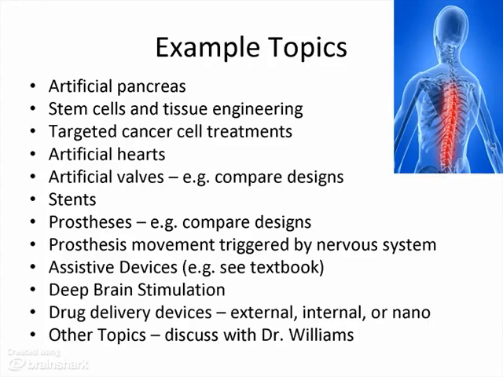And you can see here a list of other topics. We'll be talking more about artificial hearts later in the class. And this week you'll be looking at the Dean Kamen prosthesis arm, which is triggered by the nervous system. So use your textbook, Google, and YouTube for more ideas.